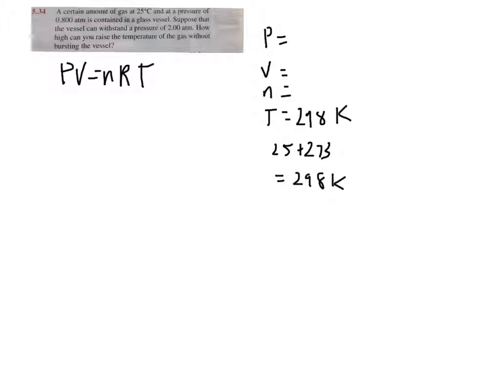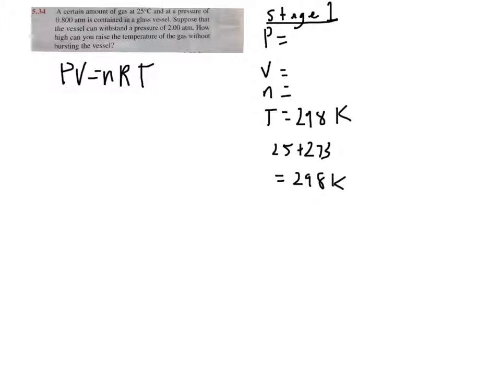This is the key part of the problem. Let's think about this. We have a certain amount of gas at 25 degrees Celsius and at a pressure of 0.800 atmospheres. It's contained in a glass vessel. We know that there's a gas, and let's call it stage 1, or you could think of it as the initial state.